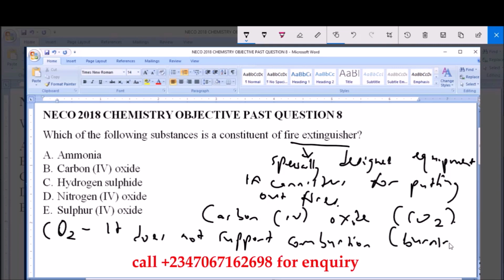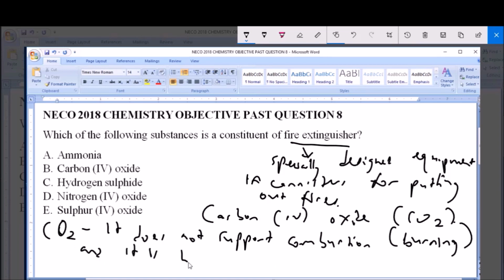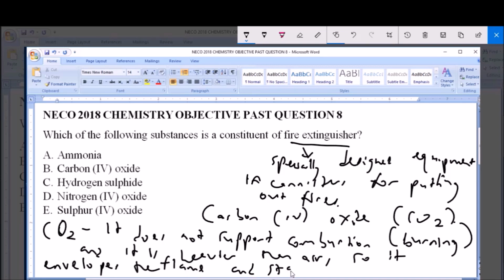Combustion is also known as burning, so it does not support combustion, and it is heavier than air, so it envelopes the flame and starves it of oxygen supply. So this is the mechanism of action of CO2 or carbon 4 oxide that makes it be used as a constituent of fire extinguishers. So carbon 4 oxide is option B and is the correct answer to this question.